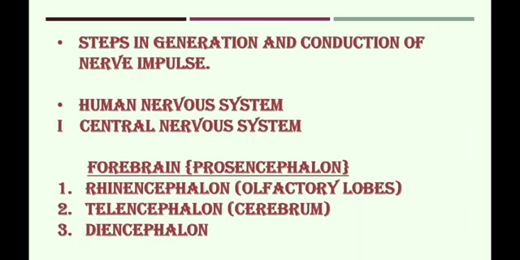In central nervous system, we had completed the first part of brain, that is forebrain or prosencephalon. In that, we studied the three parts, that is rhinencephalon, telencephalon and diencephalon. Today, we'll start with midbrain, that is mesencephalon.